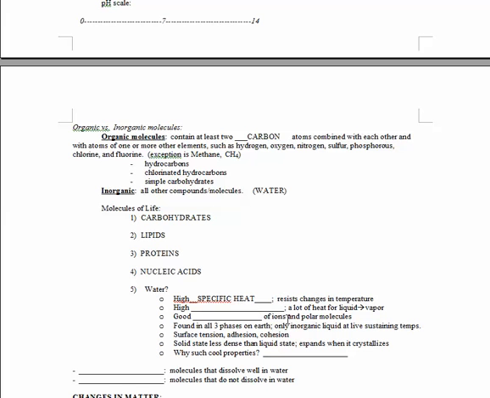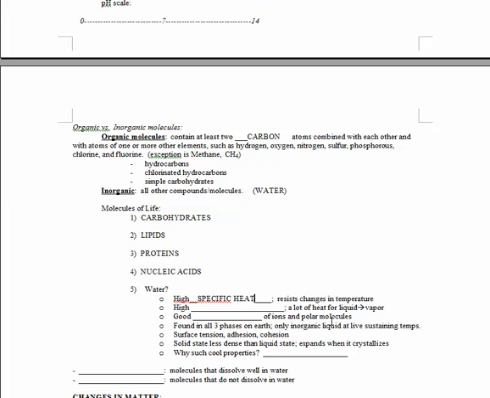This essentially means that water is very good at resisting changes in temperature. It warms up very slowly and it cools down very slowly. And this actually has very important regulatory effects in ecosystems on this planet because it sort of provides stability, what we might refer to as homeostasis, in natural systems.